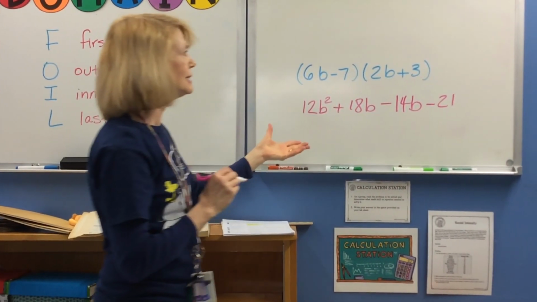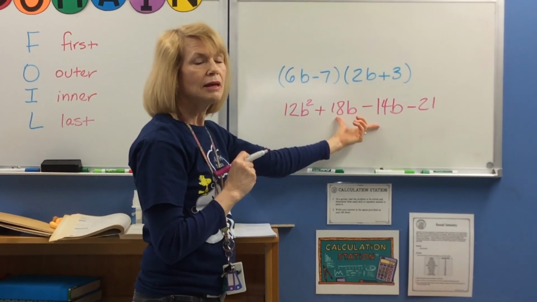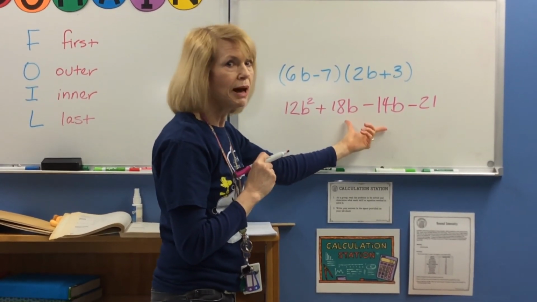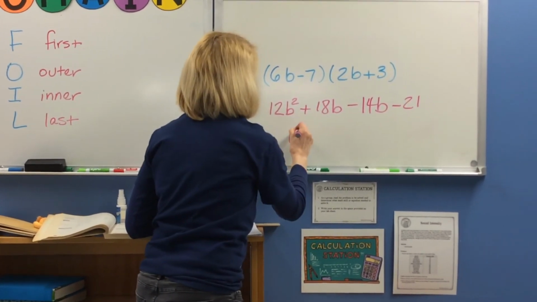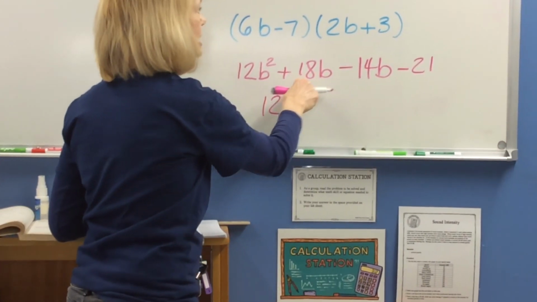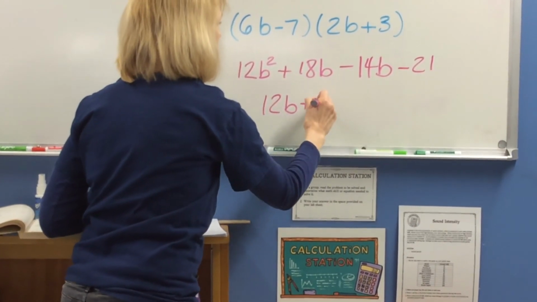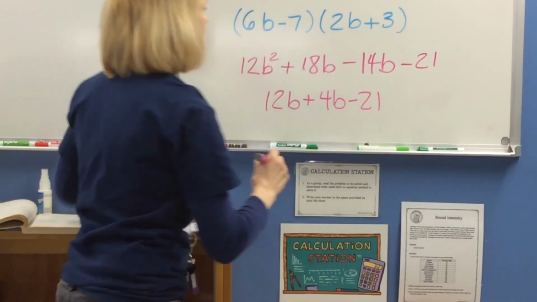Okay? Now I can simplify that because I have 2 terms that have the variable b by itself, so I can add them together. So I have 12b plus 18 minus 14, 4b minus 21. It's 12b squared.